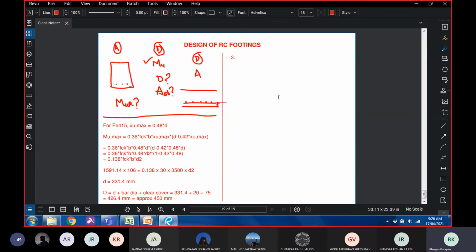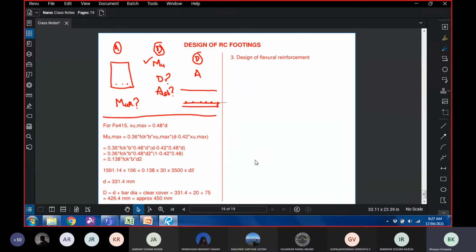So the third step is the design of flexural reinforcement. Like I've said this before and I say it again, normally the depth of reinforced concrete footings is governed by shear criteria.